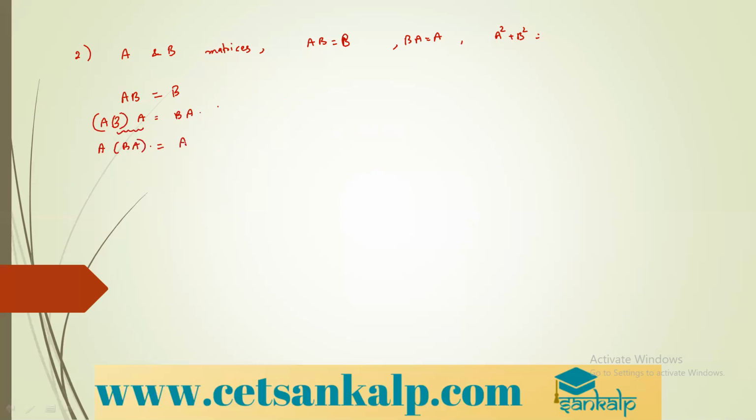Now I have A into, I am starting from here only. So BA is A. So I got A into A. So keep it for a while like this. Or you can write A into A also as A, or keep it like this only. If you don't want, we will come to this again after some time.